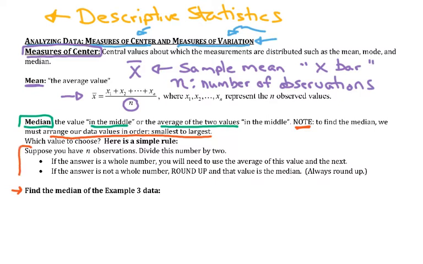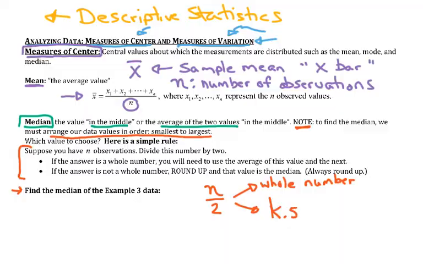This is what I'm trying to get across here, because sometimes you have a much larger collection of observations and you want to quickly be able to find a median. So you take N and you divide it by 2. It's either going to be a whole number or it's going to be something like K.5.